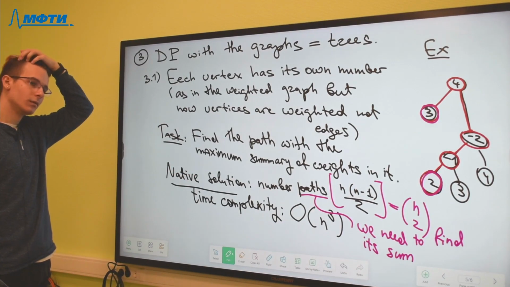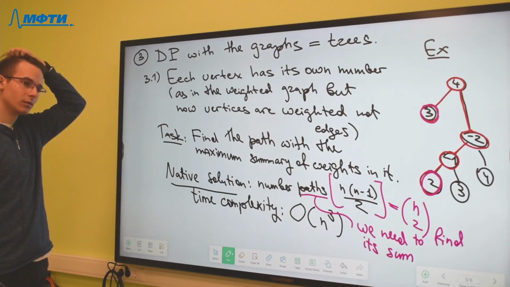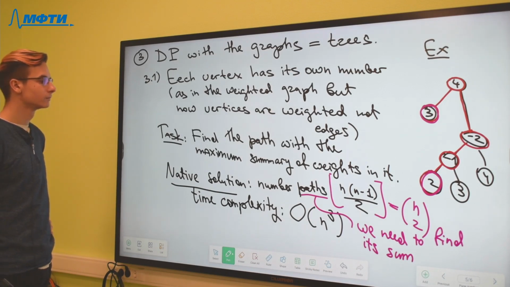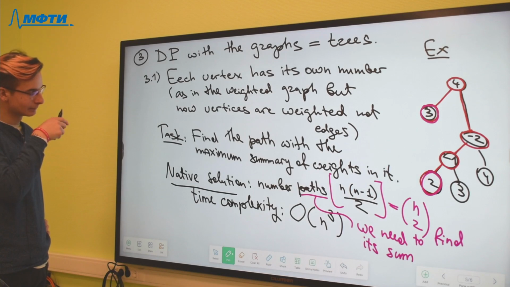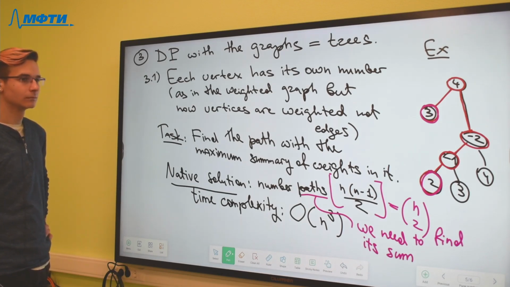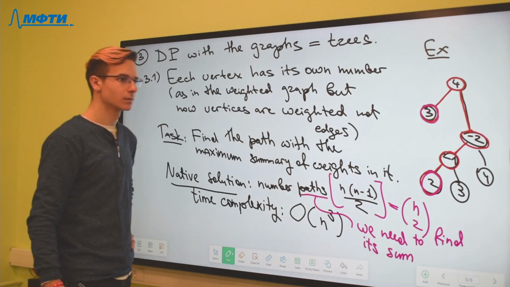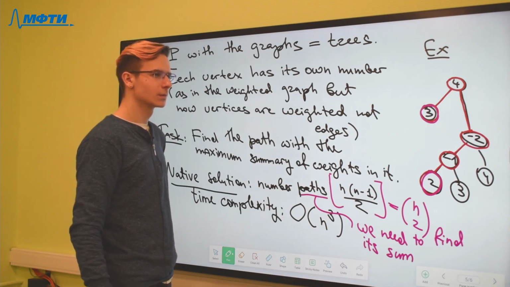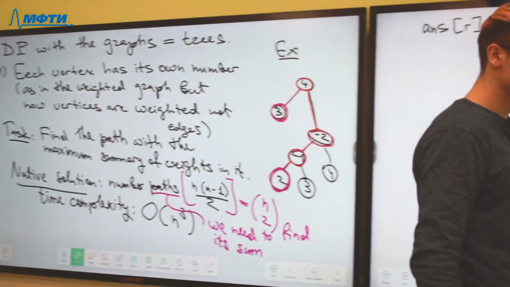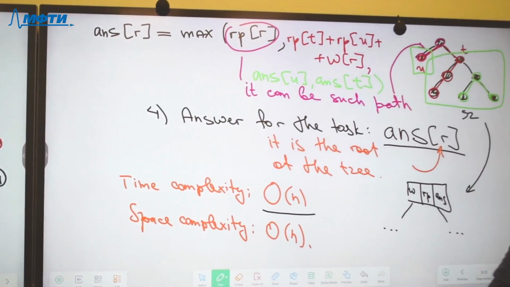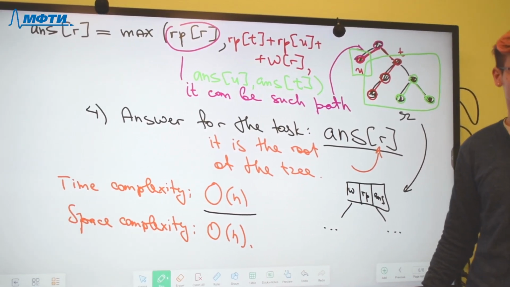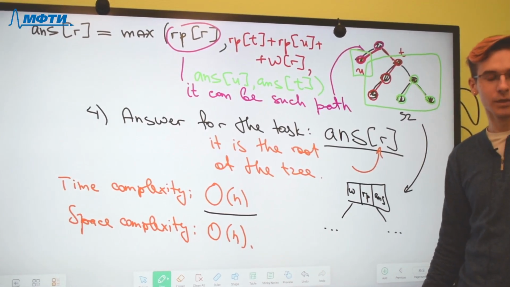Yes, I think I understand this. Okay, Masoud, do you understand? It's fine. So the root has to be in the path? The root can be in the path, but it's not mandatory.